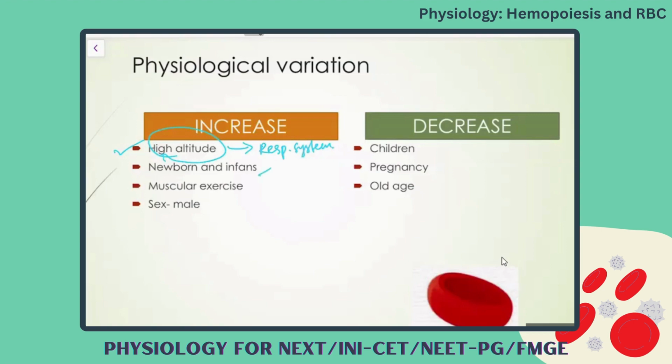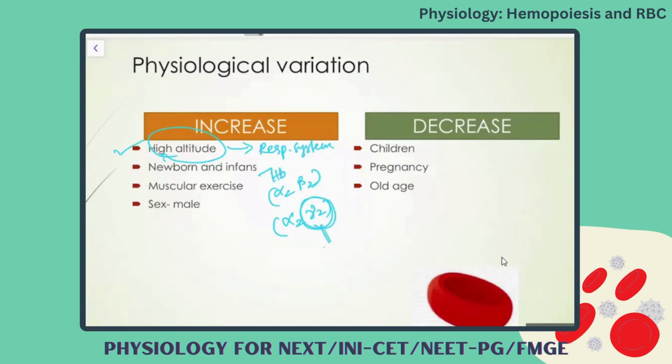In newborns and infants, adults usually have alpha 2 and beta 2 subunits in the hemoglobin, but infants have alpha 2 and gamma 2 subunits. This is the peculiar feature seen in fetal hemoglobin.